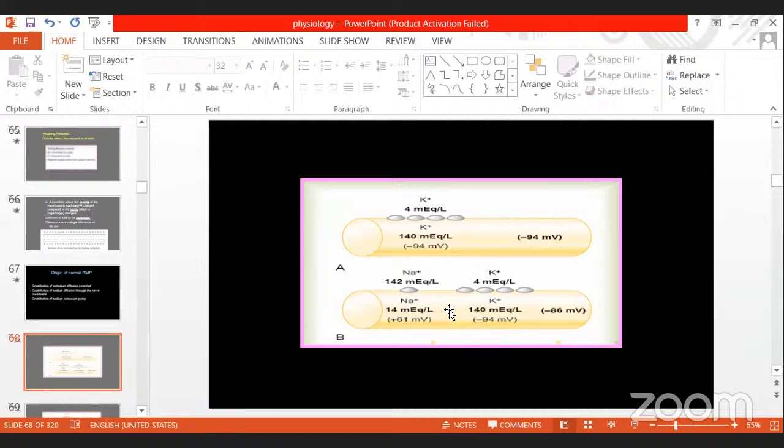Along with the negatively charged protein molecules, it produces a negative potential inside the cell.